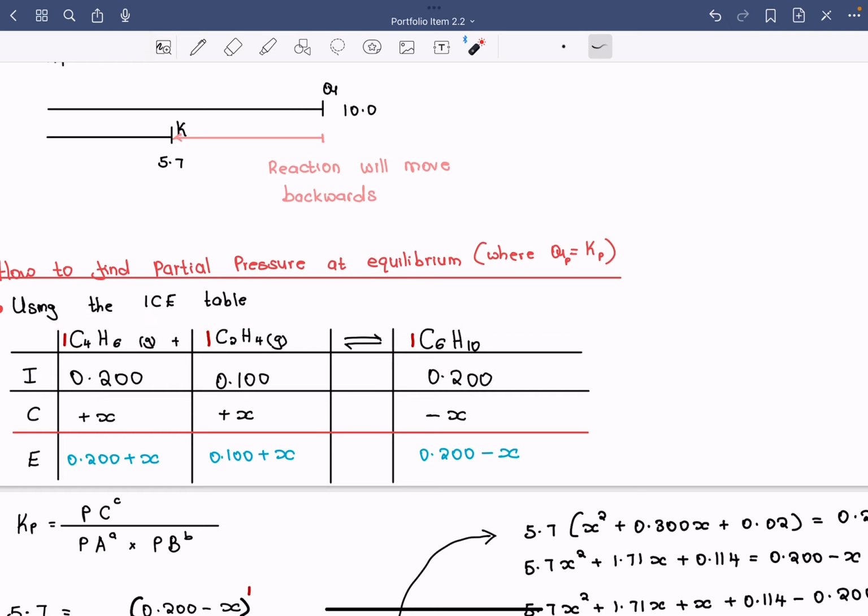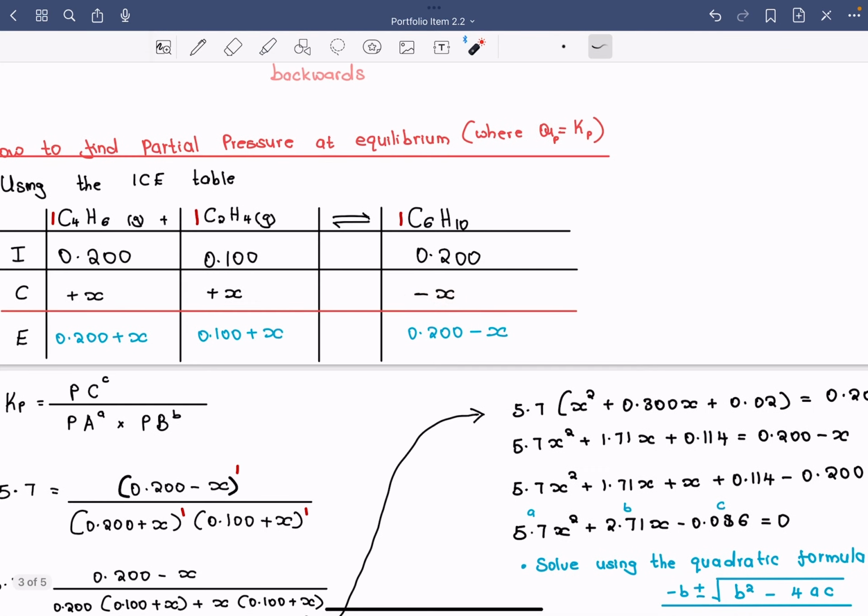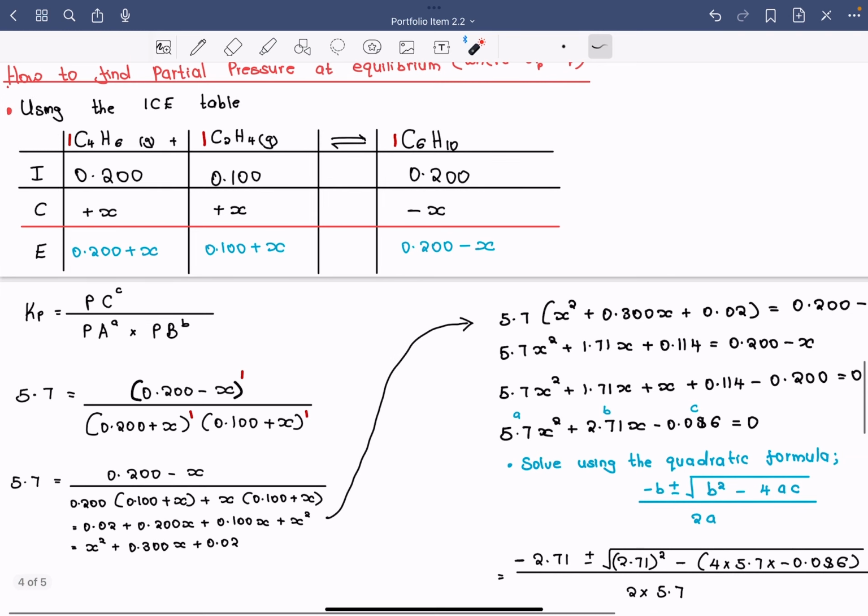So our change is going to be minus X, because we're losing C6H10, but we're adding reactants. So each of them is plus X. And that is plus X because our coefficients are 1. So it would be plus 1X, plus 1X, minus 1X. And now we combine those.